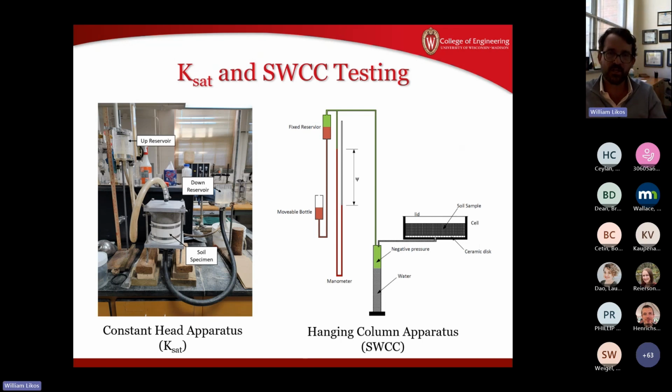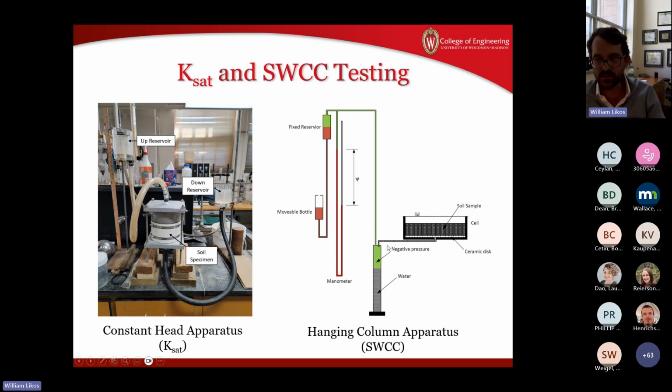We control suction by manipulating the relative height of these two reservoirs on the left. And so if that one on the far left is lowered relative to the static one at the top, we're essentially pulling on the bottom of that reservoir with a column of water, producing a negative air pressure, the green portion there.